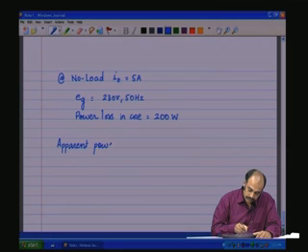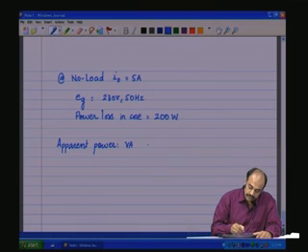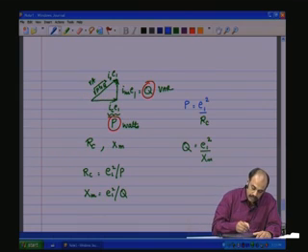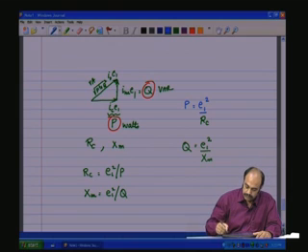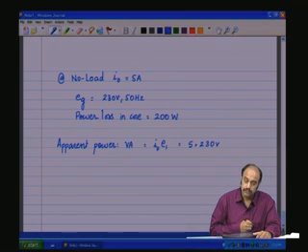Apparent power, that is the VA. Now, VA, we said in the previous session, is nothing but I naught into E1, which is 5 into 230 volts. This is the VA.